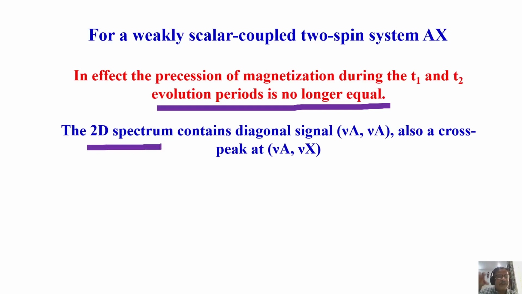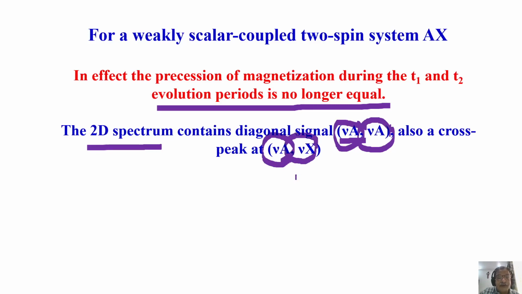That magnetization is given to X. So we get peaks at the precession frequency of nu A in the T1 period, which remains the same in the T2 period also. That is one signal. We also get a peak whose precession frequency is nu A in the T1 period, which has given its magnetization to X, whose precession frequency is nu X in the T2 period.